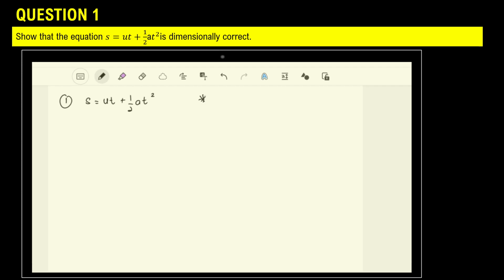Make sure you know that both sides must have the same dimension. That means the equation is dimensionally correct.